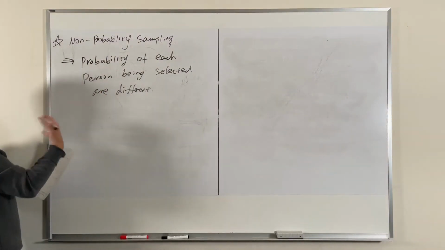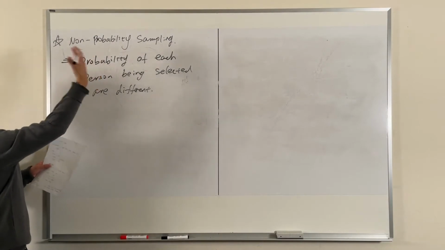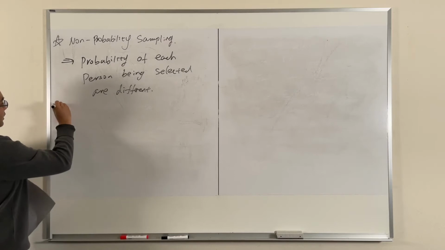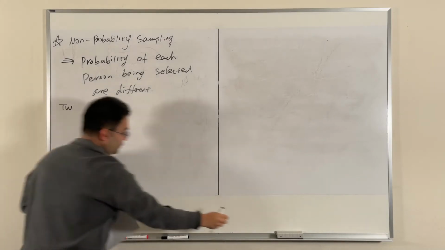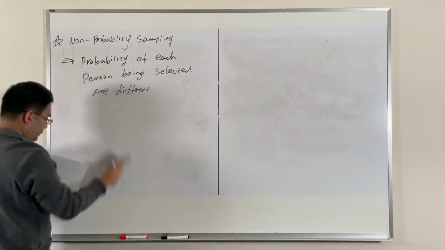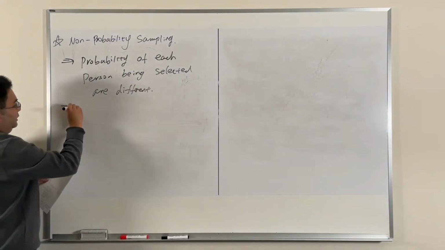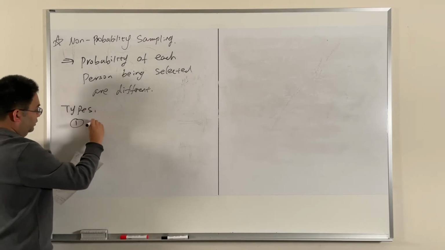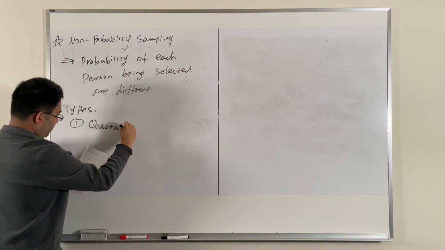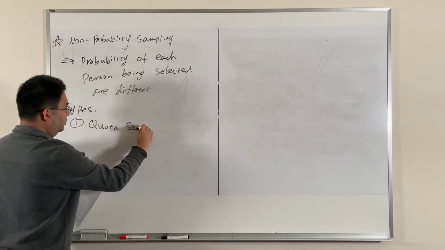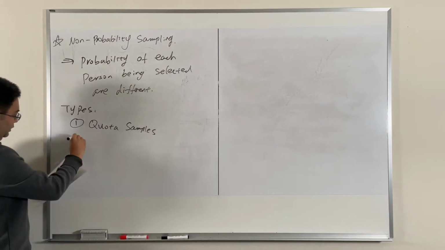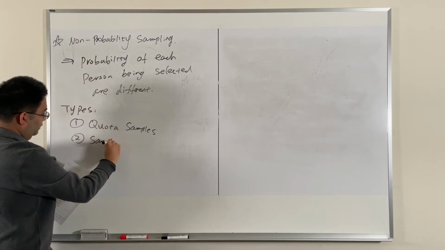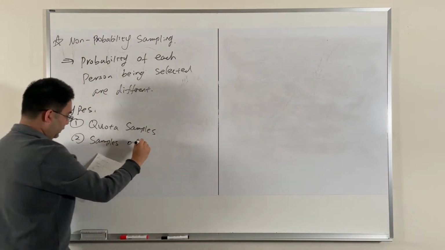So there are three types, right? Again, in probability sampling we had 4 types. In this case, we have 3 types. The first one is quota samples. The second one is samples of convenience.